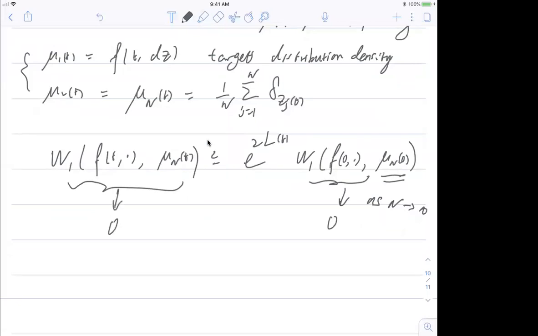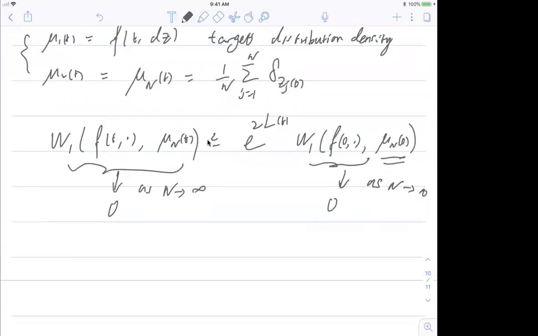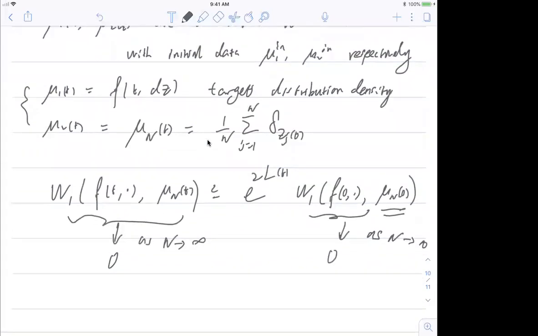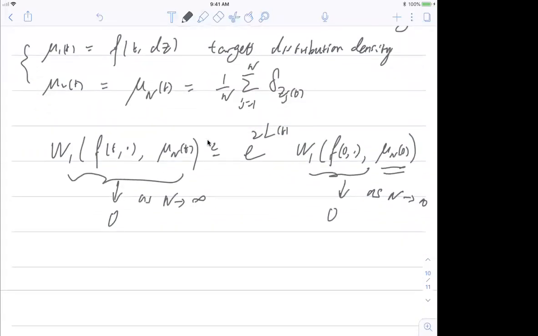Which means if you send n to infinity, the distance measured by the one-Wasserstein distance goes to 0. So this is a mean field limit.